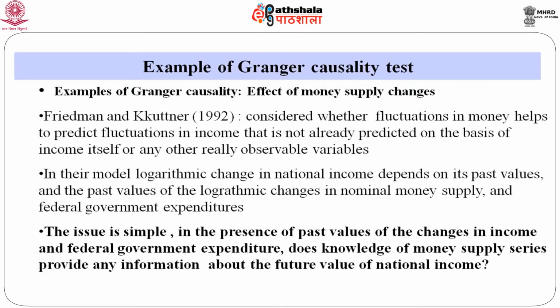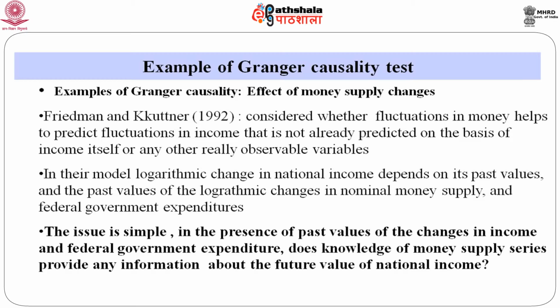Now, let us consider some examples of Granger causality. In this case, it is useful to discuss the Friedman and Kuttner paper of 1992. They consider an economic example where fluctuation in money supply helps to predict the fluctuation in income that is not already predicted on the basis of income itself or any other observable variable.